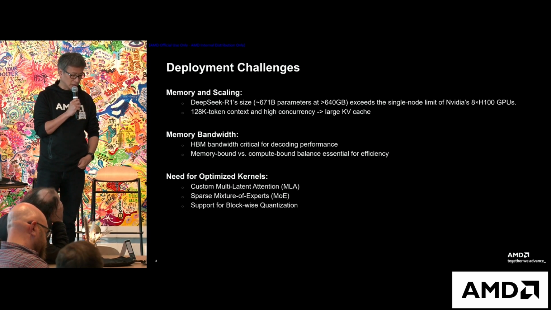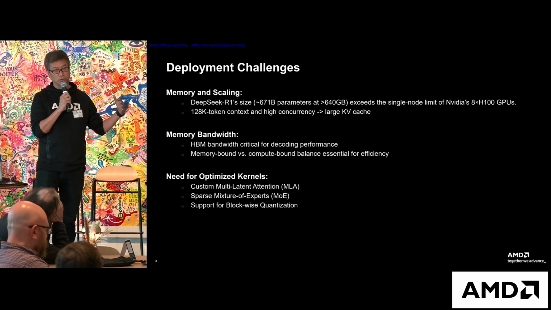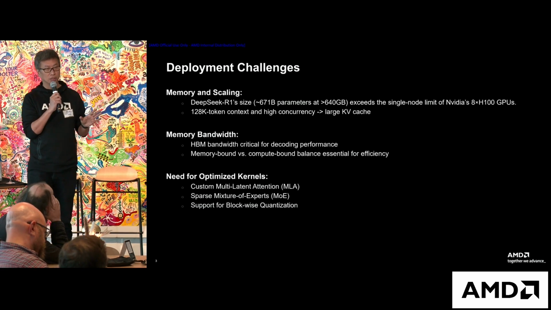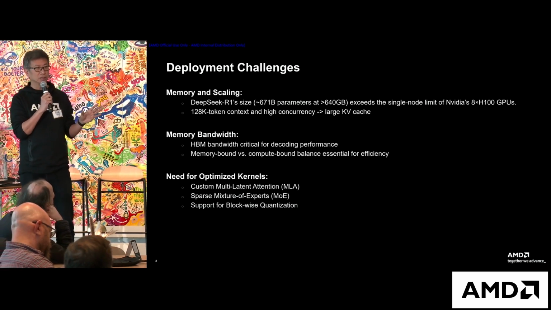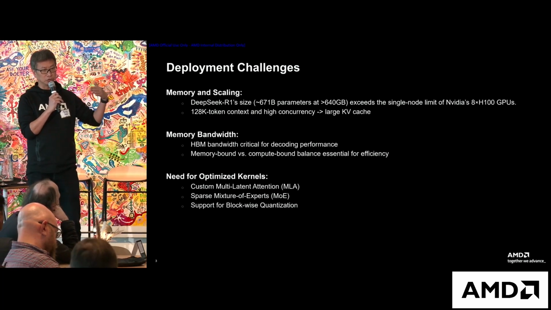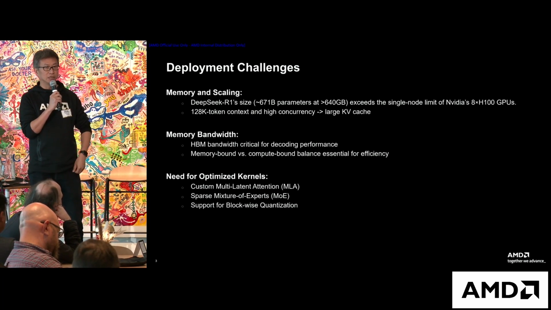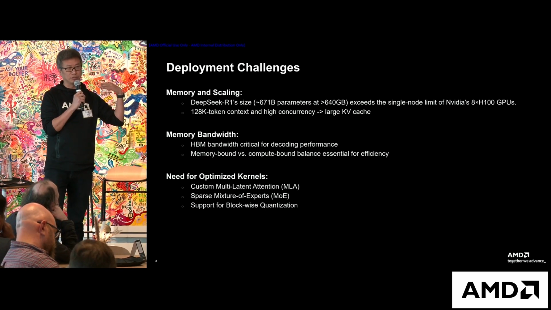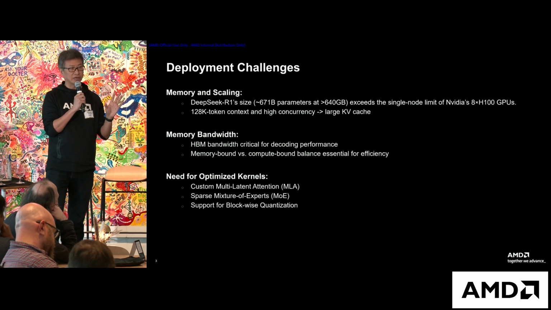You have to take a significant portion of your memory to store the KV cache, so your performance is limited by the memory, which limits how far you can push up the batch size. The higher the batch size, the higher the throughput.